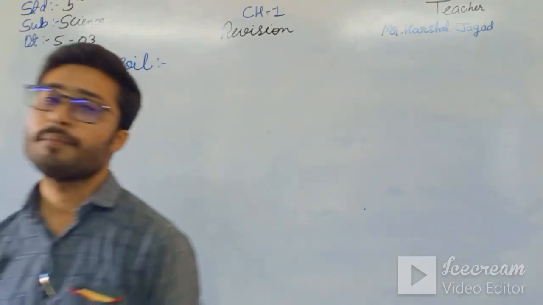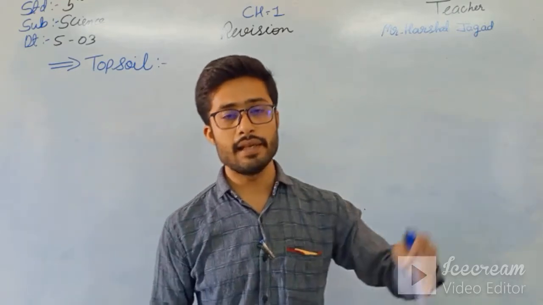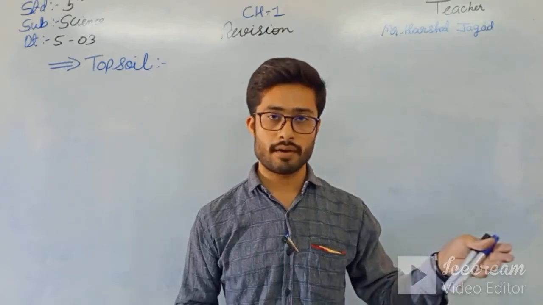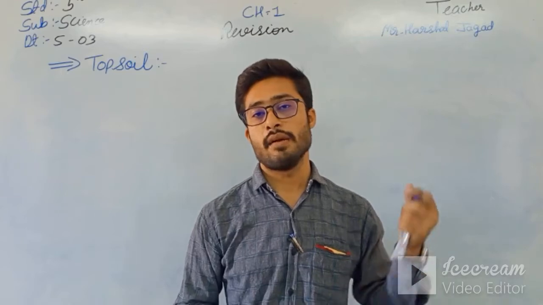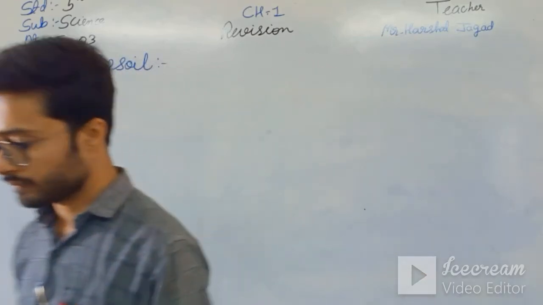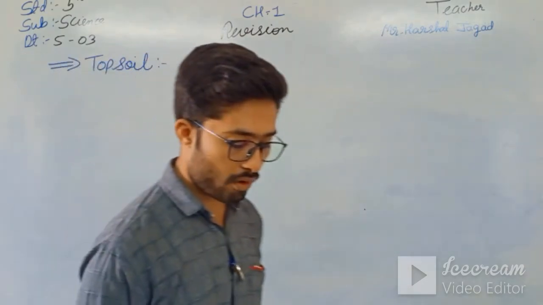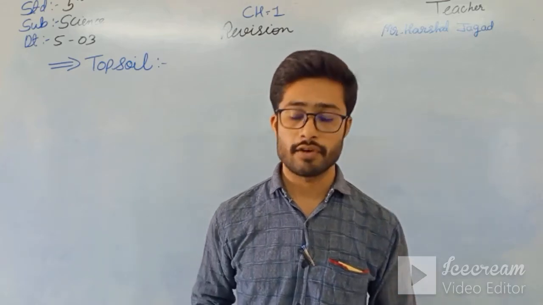So topsoil is very soft and it can be easily taken by the wind or by the water. So it will be eroded while soil erosion takes place. So it is very light. Second one, it contains decayed organic matter of plants and animals and so it is fertile.